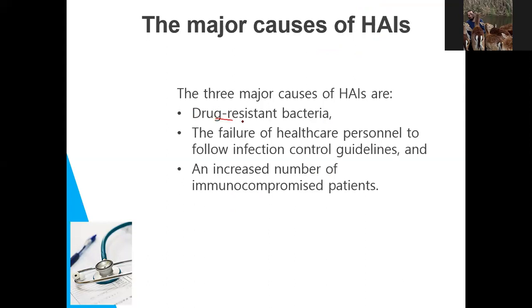We have three main causes, and other causes can also lead to health acquired infections. As we said at the very beginning, antibiotic resistant bacteria, and this is very common in hospitals because, as we know, the hospital environment is a very good environment for the growth of such bacteria, because of long use of antibiotics, vulnerable patients with compromised immunity, and also immune suppressant drugs, surgery, stress, and so on.